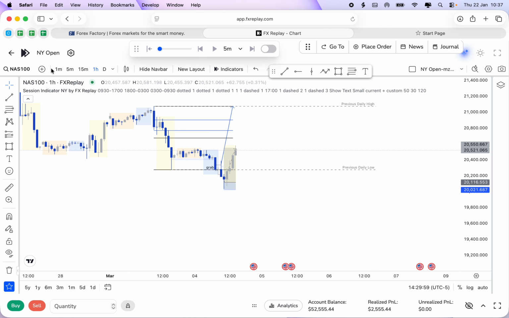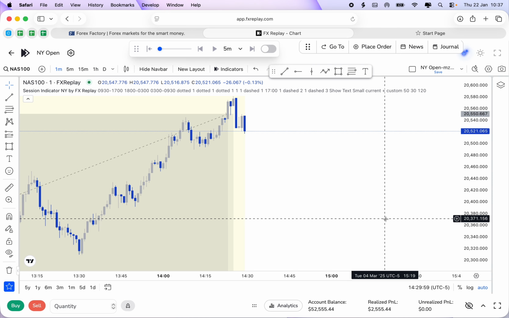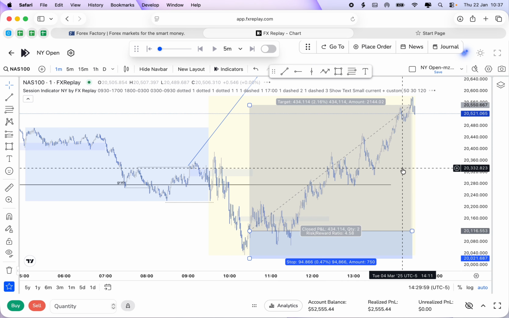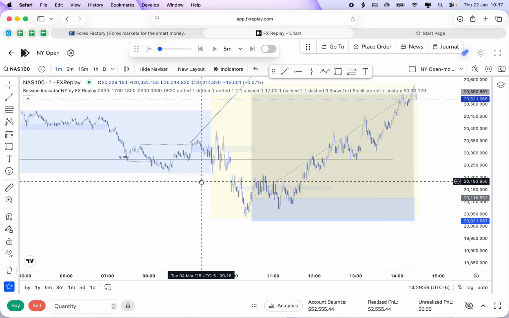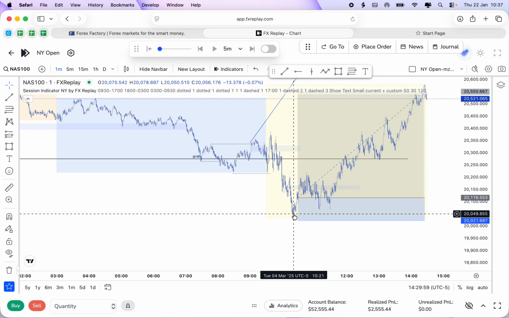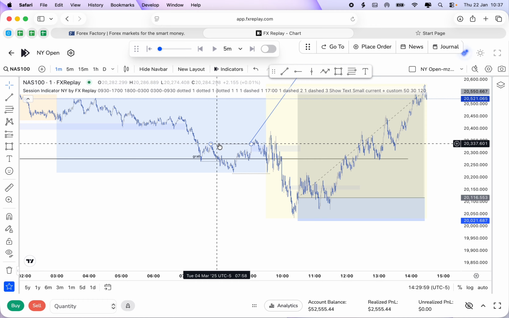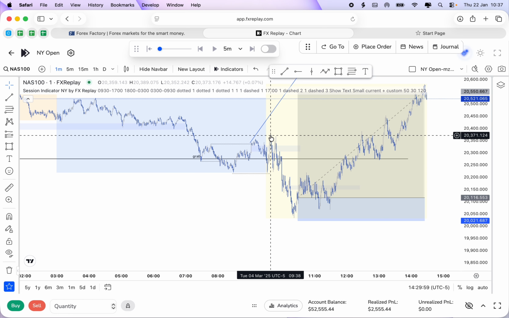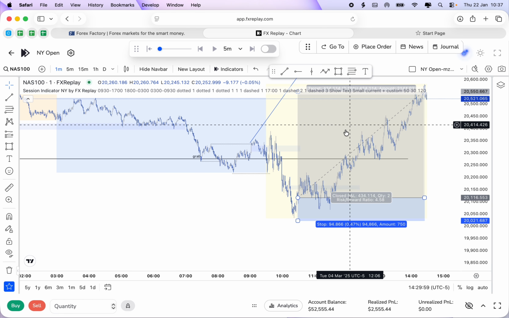Let's review this again. Maybe there's similarities. See, like, the start of New York was part of the manipulation of London. So it looks like there's a bit of accumulation here. Then New York manipulated and reversed.